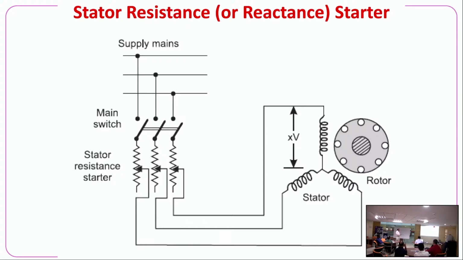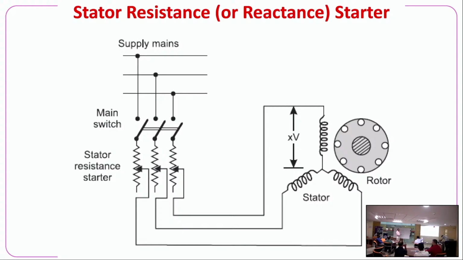As the machine speed increases, back EMF increases, so gradually the current drawn by the motor reduces. So the resistances are gradually cut out, so that rated voltage is applied after the starting transient is over.